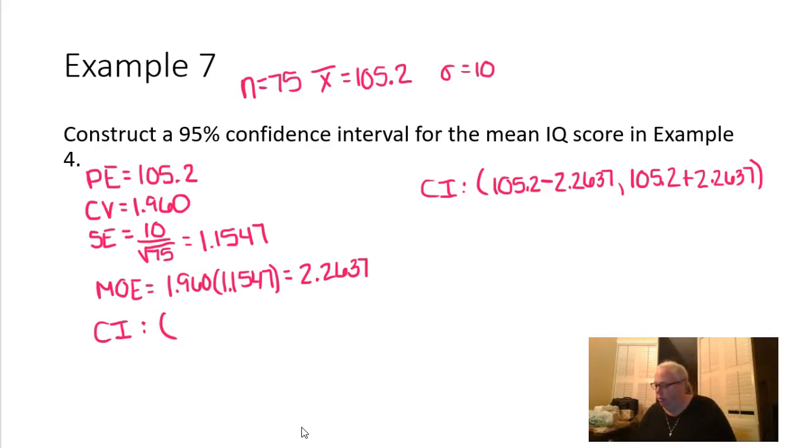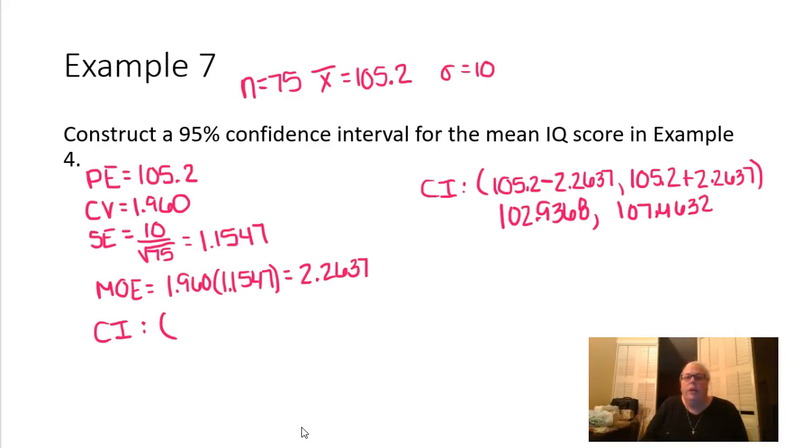So we got 105.2 minus 2.2632. And this is going to give me 102.9368. And 105.2 plus 2.2632 is going to give me 107.4632.